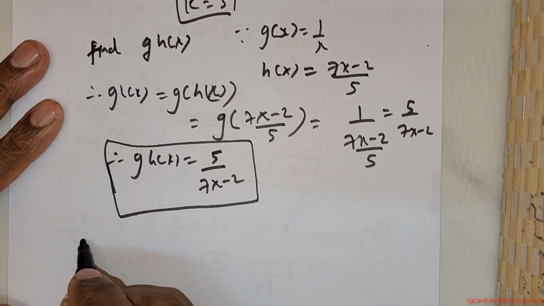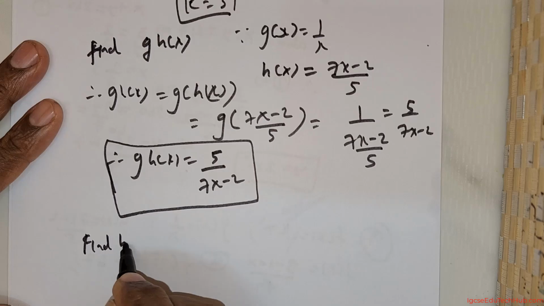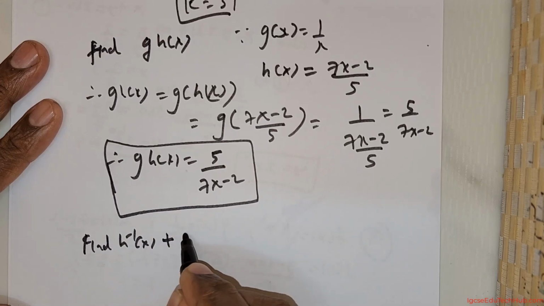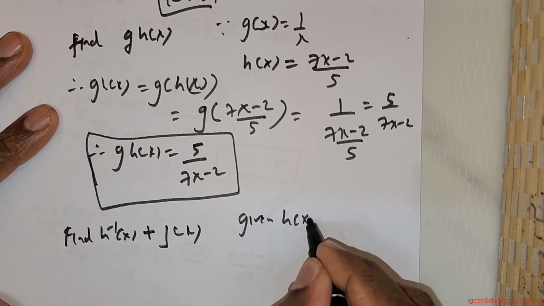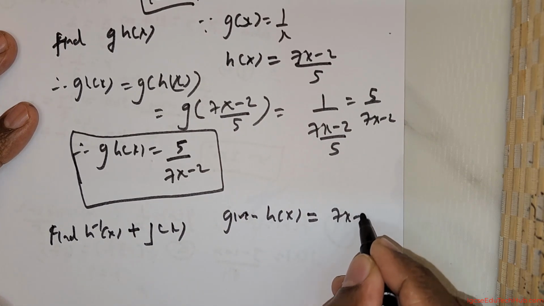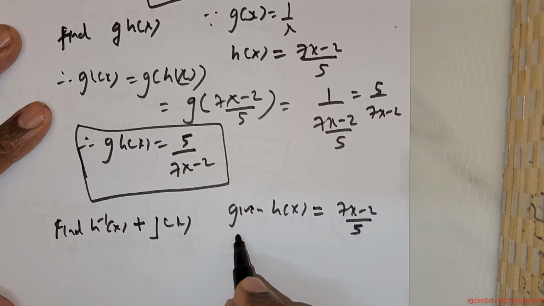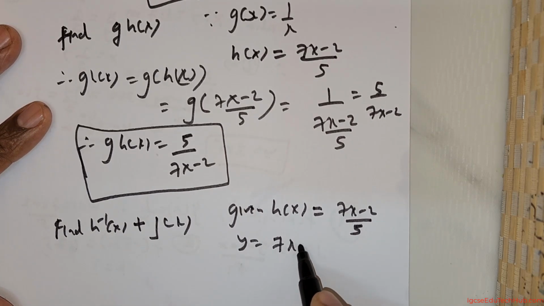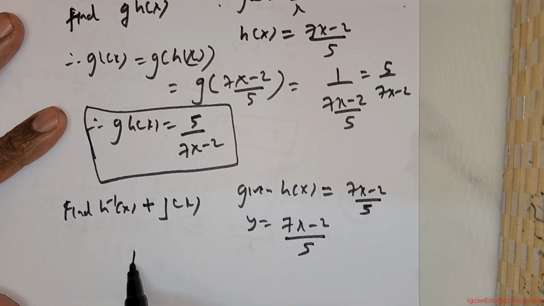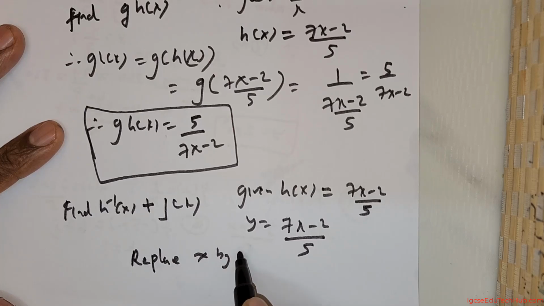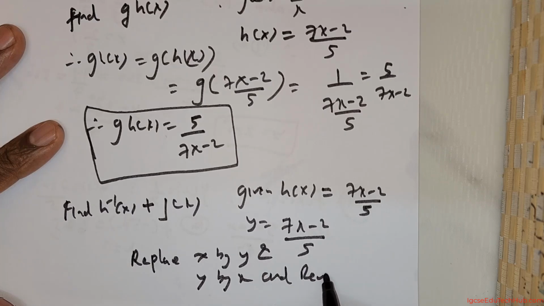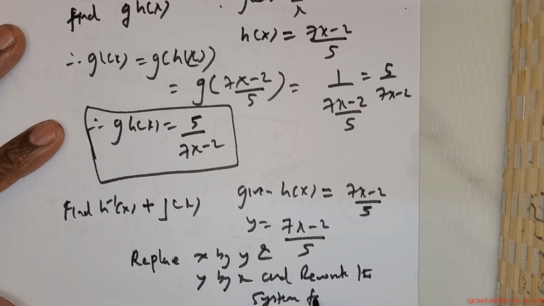Now the next question is, we are asked to find h inverse of x plus j of x. Now given h of x is (7x - 2) divided by 5, I can rewrite this as y is equal to (7x - 2) divided by 5. So I will replace x by y and y by x and rewrite the system for y.